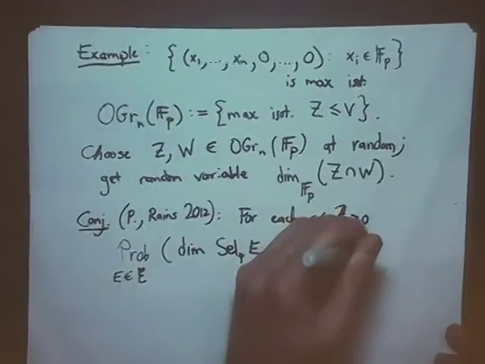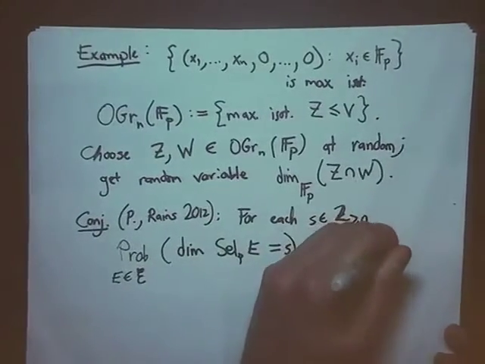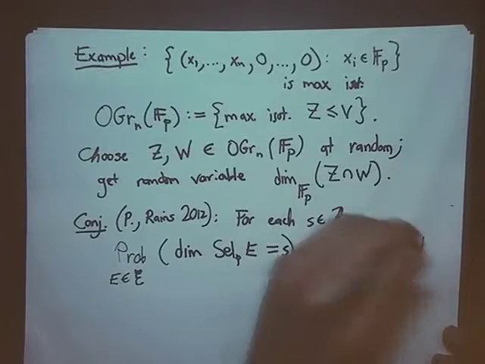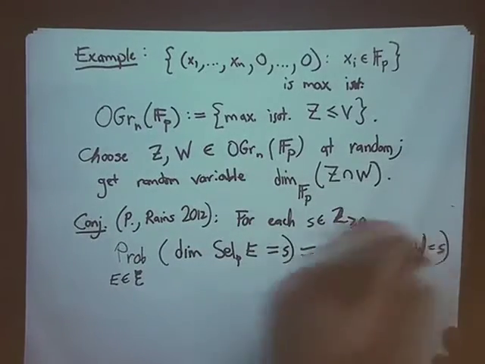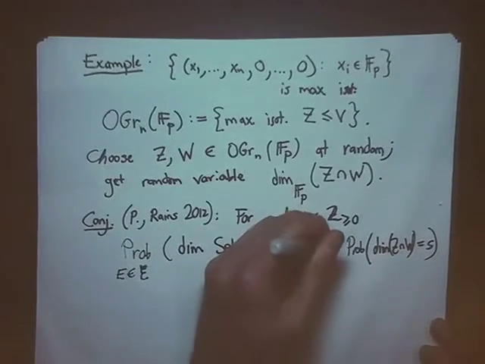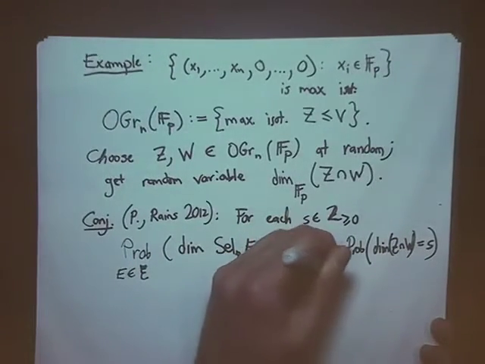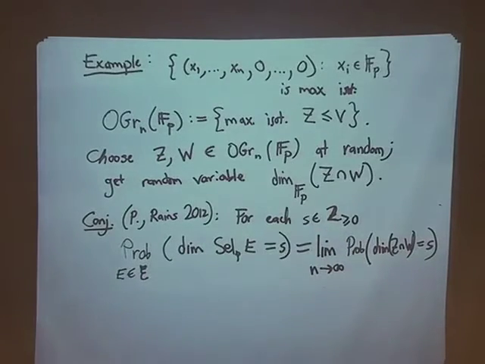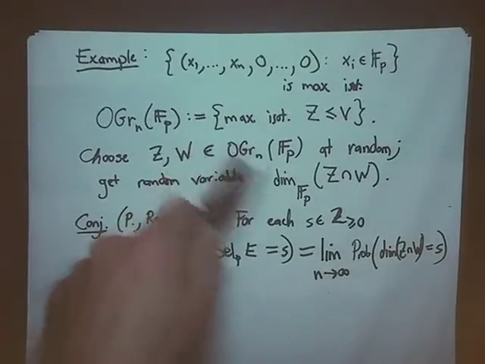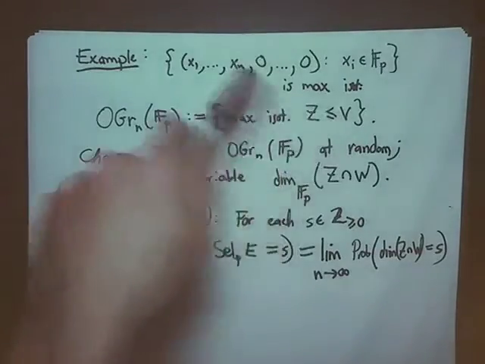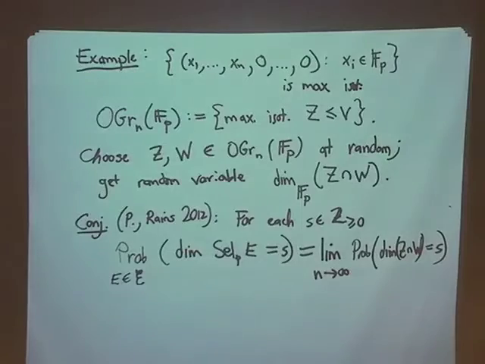You take the probability that this intersection is s-dimensional, and then you take the limit as the ambient dimension goes to infinity. So it's saying that these distributions that you get from these random maximal isotropic subspaces tend to a limit as n goes to infinity.